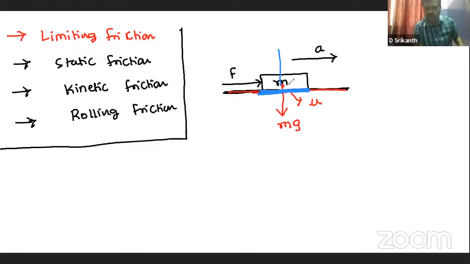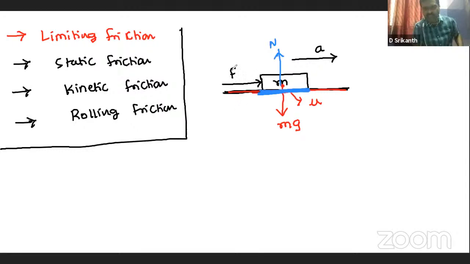The force which acts perpendicular to the surface of contact is called the normal force. This force is acted by the surface on the object. So this is the normal force.